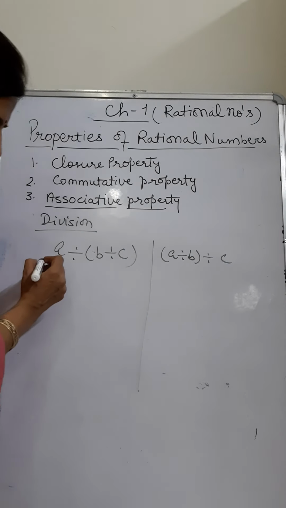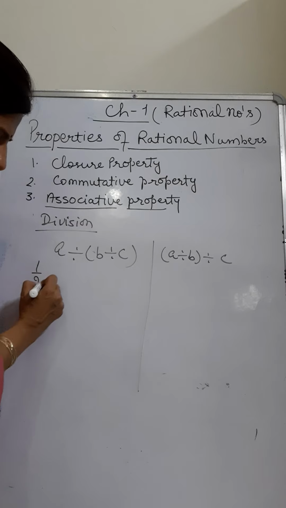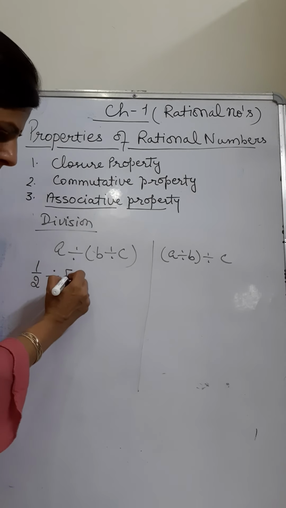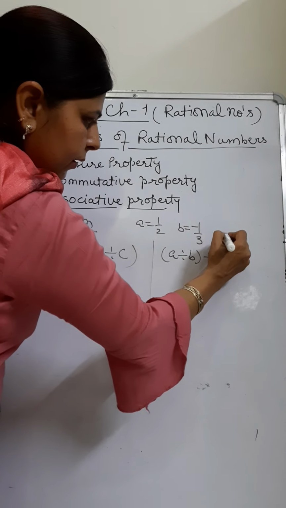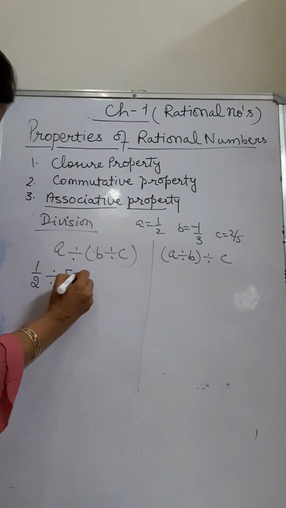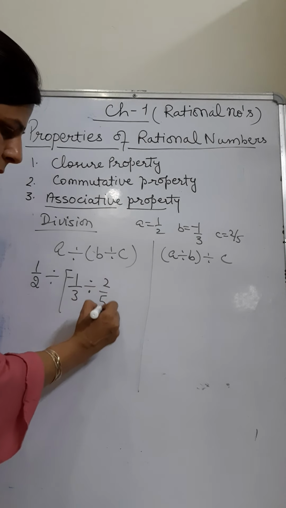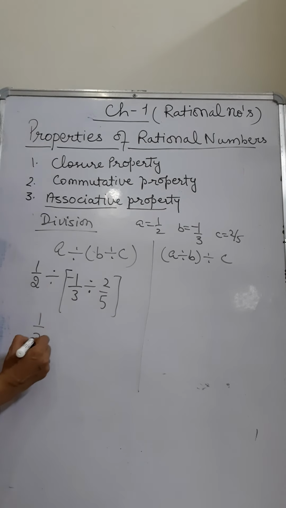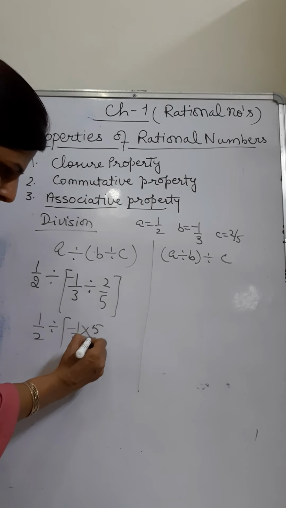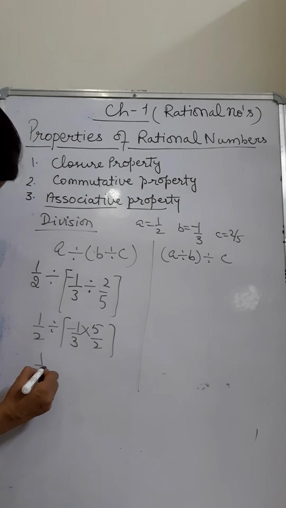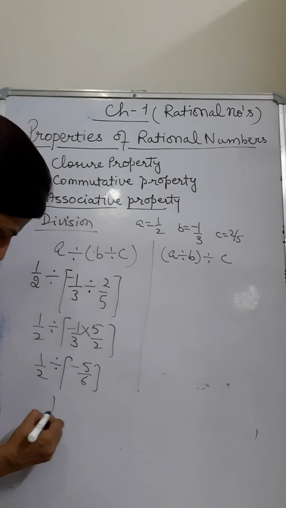Suppose I am taking A as 1 by 2, B as minus 1 by 3, and C as 2 by 5. 1 by 2, divide, solve the bracket, minus 1 by 3 divided by 2 by 5, here 5 by 2 will come. Now 1 by 2, divide, solve this bracket, it will be minus 5 by 6.